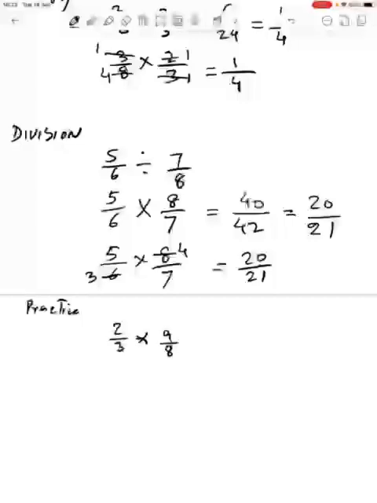And one is multiplication and the one is division. Second one is division. 7 over 1 divided by 7 over 4. Now these two are for you to practice.